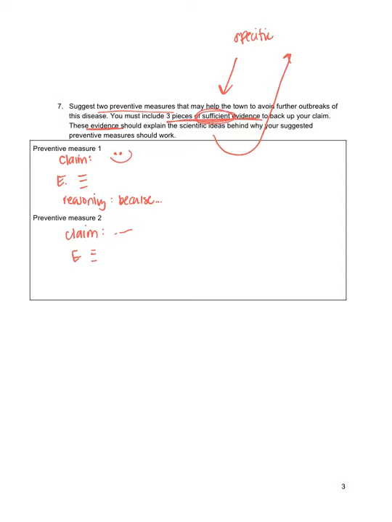Okay, your evidence here can be a variety of things, but then you need to have reasoning to back it up. Okay, I know that this preventative measure will help the population avoid further outbreaks based on my evidence because. Okay, why will this work in Liberia? Okay, so this is number 7 and the last step of your project.